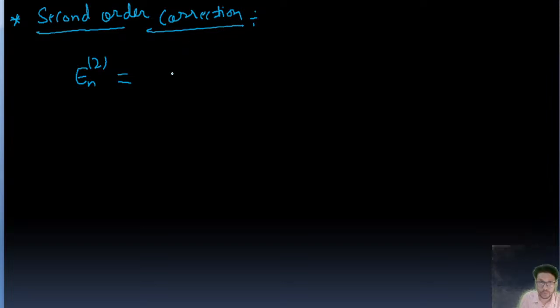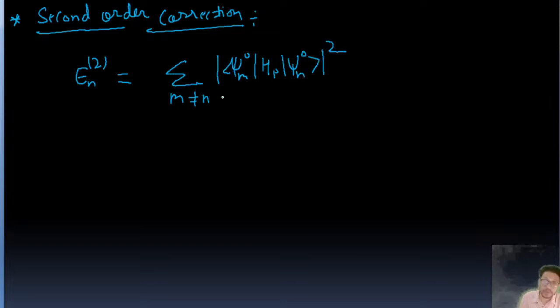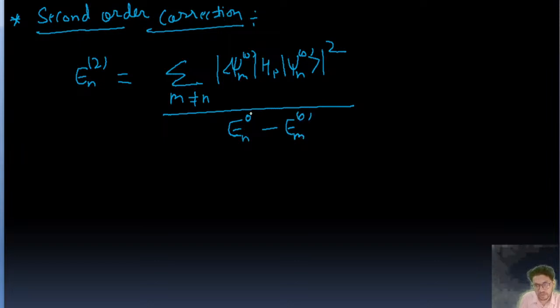So the En2 value is going to be sigma m not equal to n, mod square of psi m naught Hp psi n naught upon En naught minus Em naught.